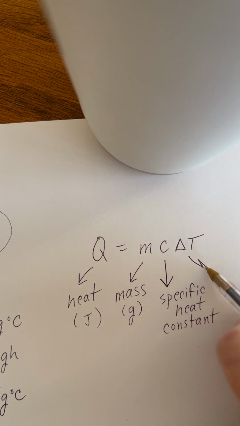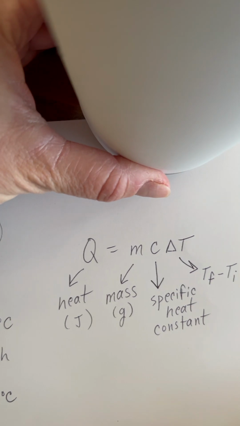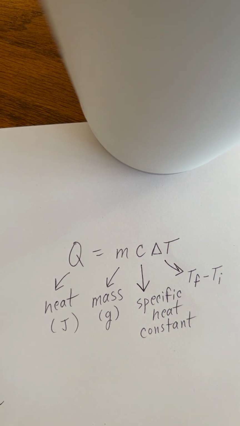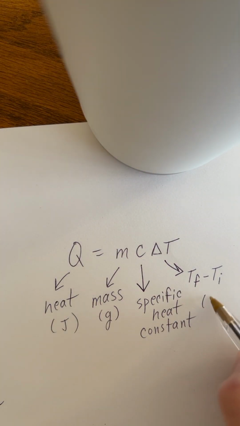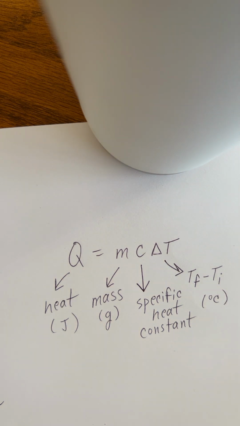And this delta T stands for change in temperature. Specifically, that's going to be final temperature minus initial temperature. In this case, unlike our last unit, it is not necessary to convert these temperatures. Degrees Celsius works perfectly fine.